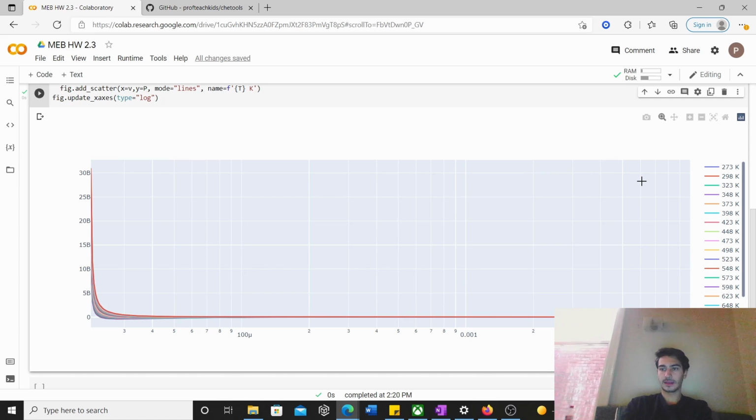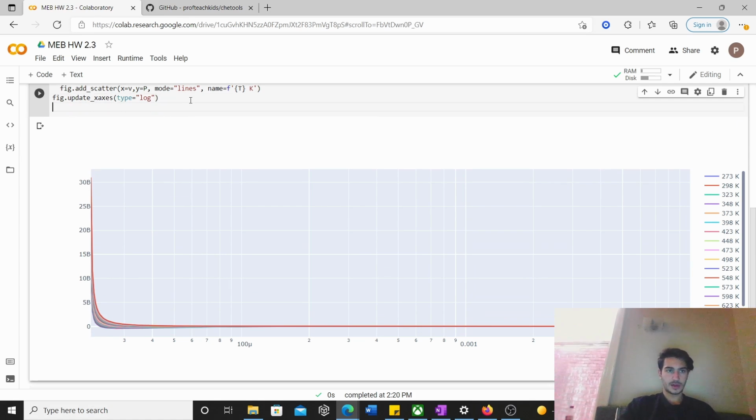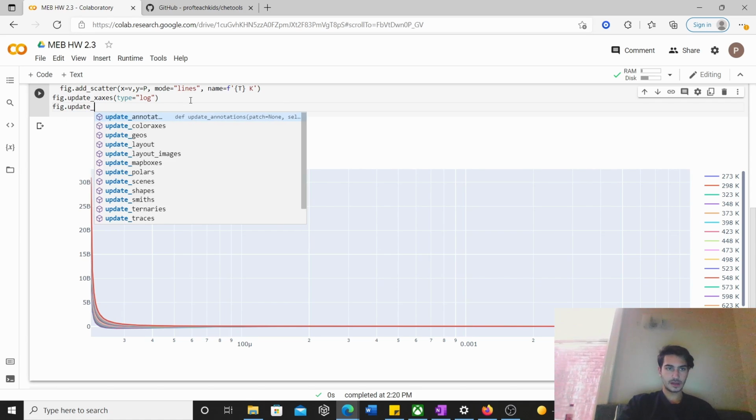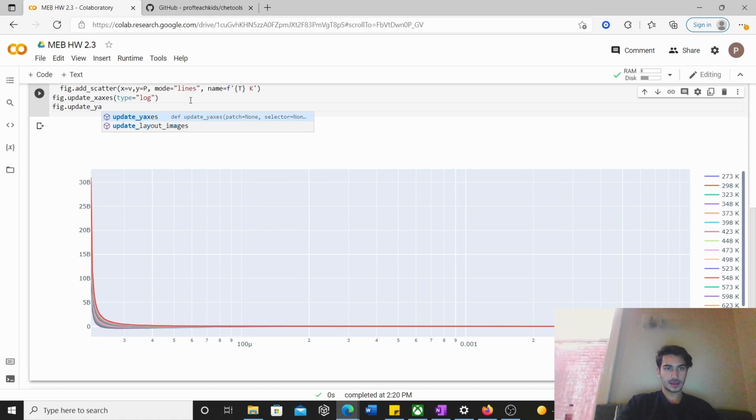Now there's one final thing that we can do here to make this scatter plot look a little bit better. We can update the y-axis, right? We can see that this is kind of a bit messy. We can make this look a little bit better. So what we can do is another update, but instead of the x-axis, we're going to update the y-axis.